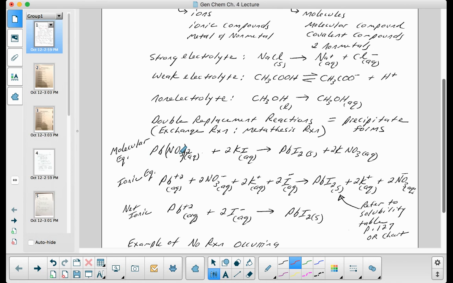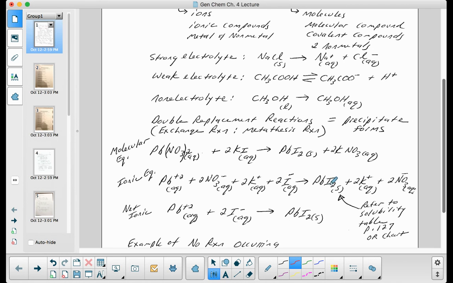In fact, I have a short little video of this reaction posted in the helpful video links that I always post. So then we would take this equation and break it up into its ions. And so all I do is separate it by each of its ions, the Pb positive 2, the two NO3s, then the potassium ions, the iodide ions.